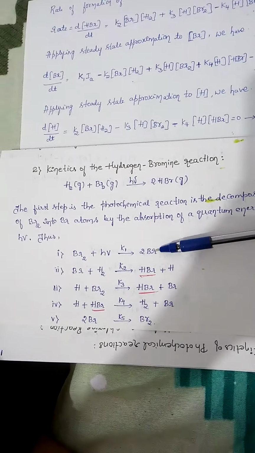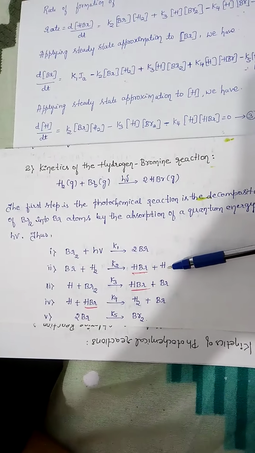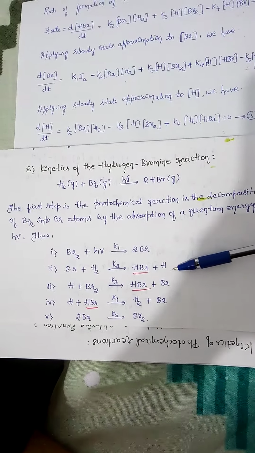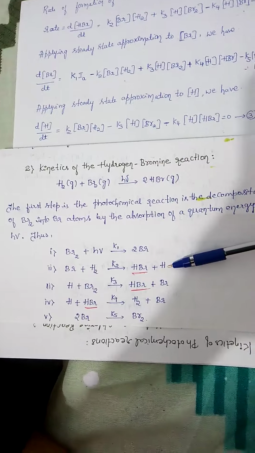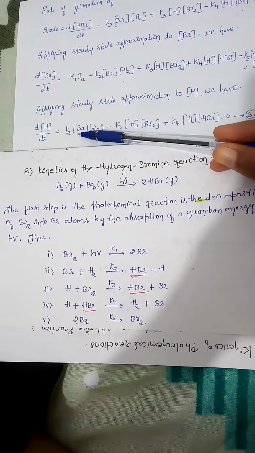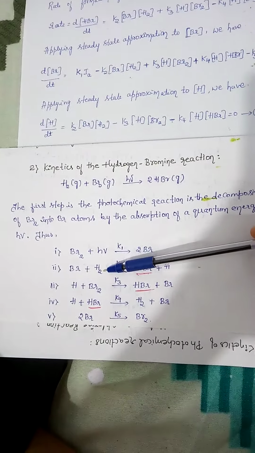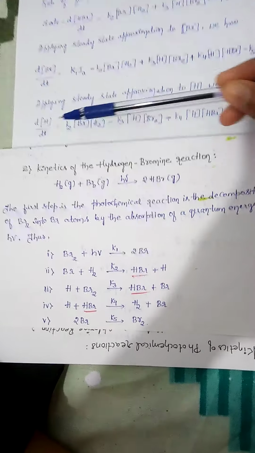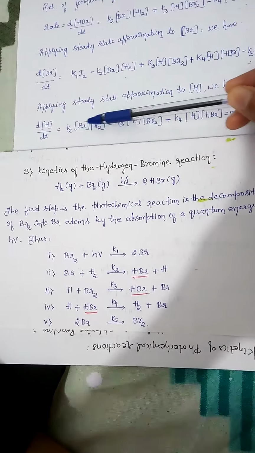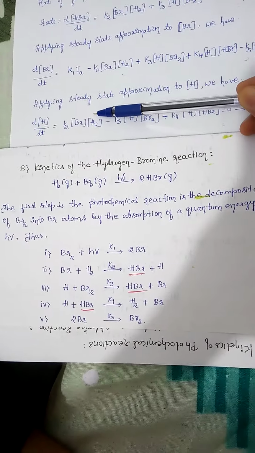See, in the first step there is no hydrogen. In the second step hydrogen is present, but in the reactant side. So first write the rate constant, that is K2 into concentration of Br into concentration of H2. So this is the second step.